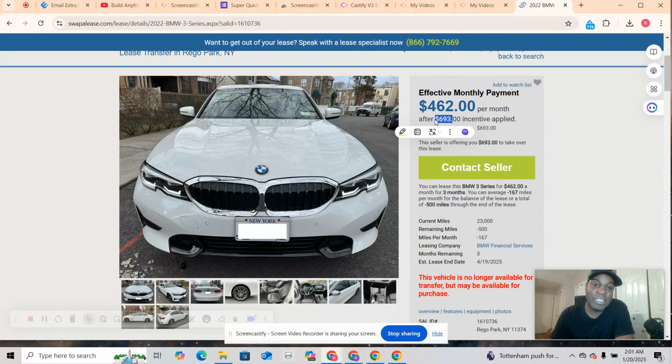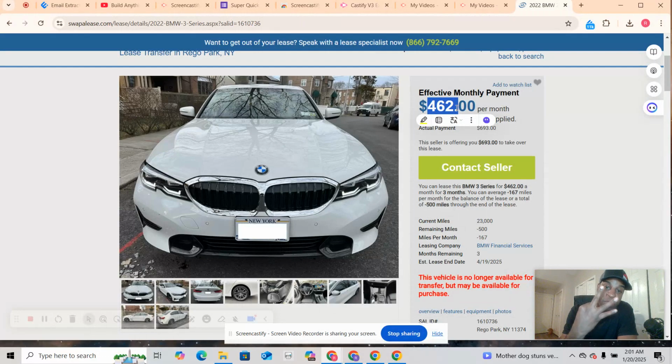That cash incentive is the owner giving you money to take over the lease, so it's what you get in your pocket. You get that cash and you're responsible for the 462 for 3 months left. You take over the lease. Chances are they're going to ship you the car, and you definitely want the car in your possession.